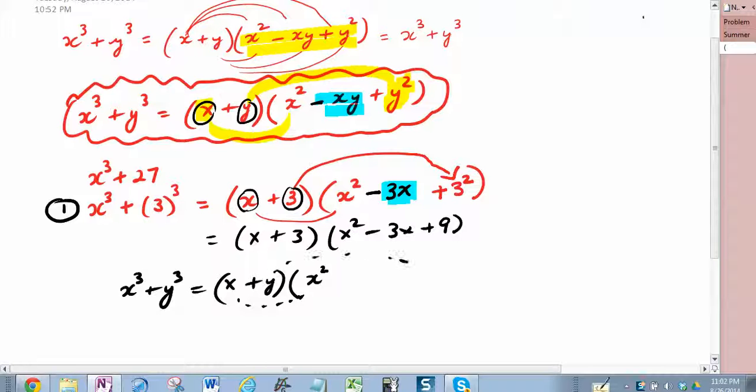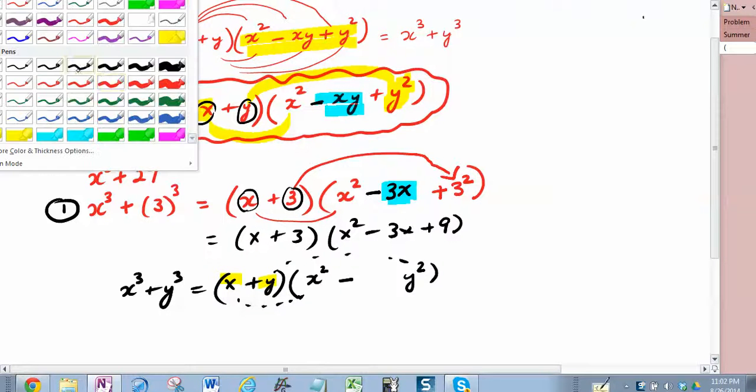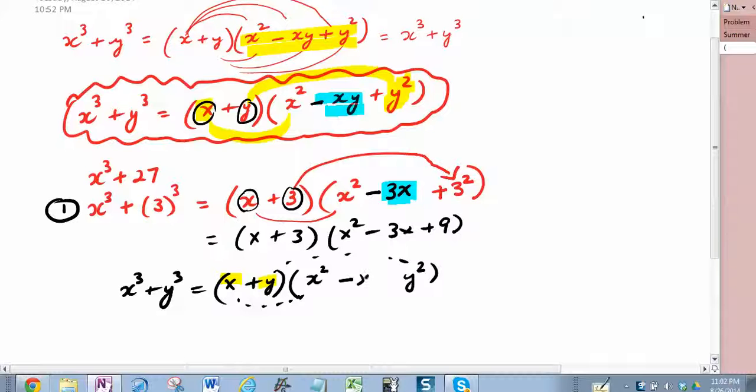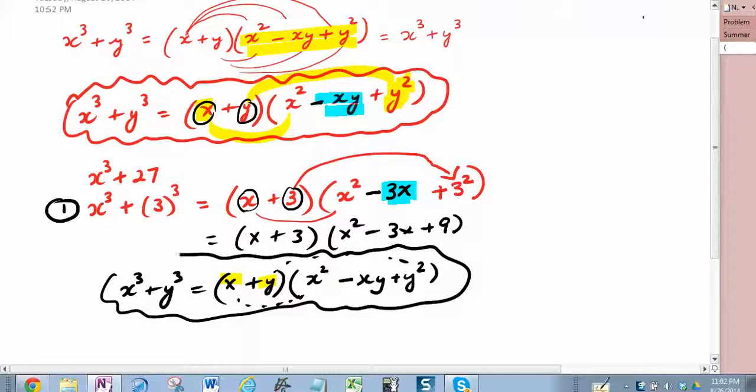I take the second term in the first factor and I square that. And the middle term is minus. I multiply those two together, so it's going to be minus xy in the middle. That was a plus at the end. Okay? So that is my result that I'm going to use.